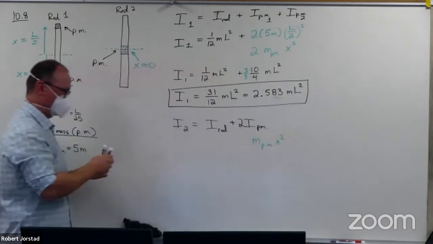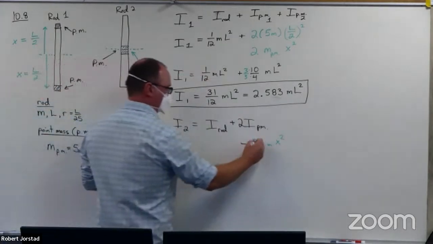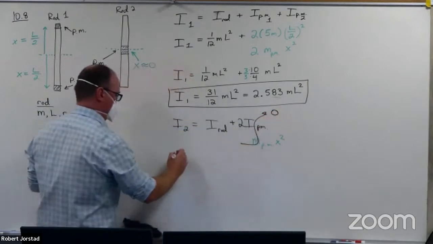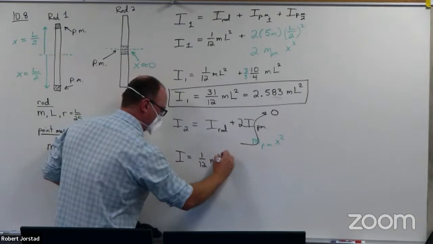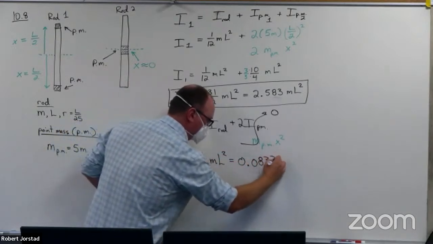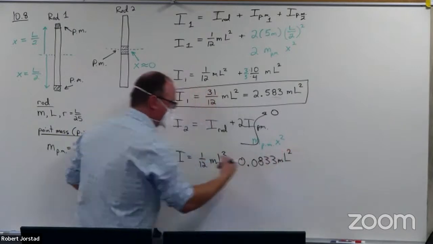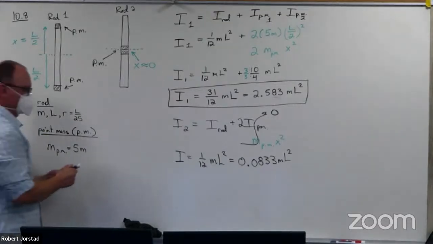If x goes to 0, what happens to that term? Goes to 0, so then I2 is that, right? So in this case, oh, whoops, I forgot to label this as I2.